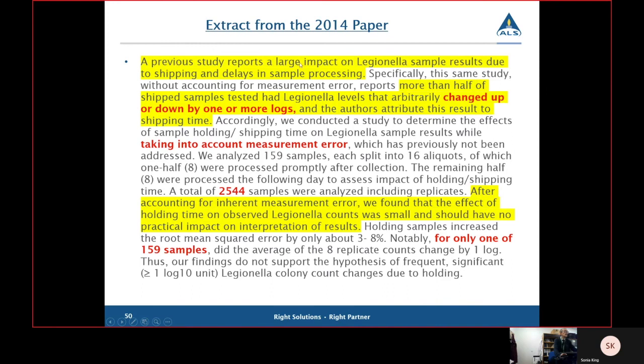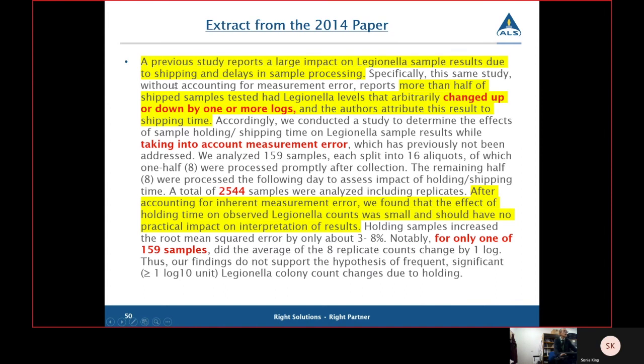It mentions a previous report of large changes in Legionella sample results due to shipping and delays in sample processing.